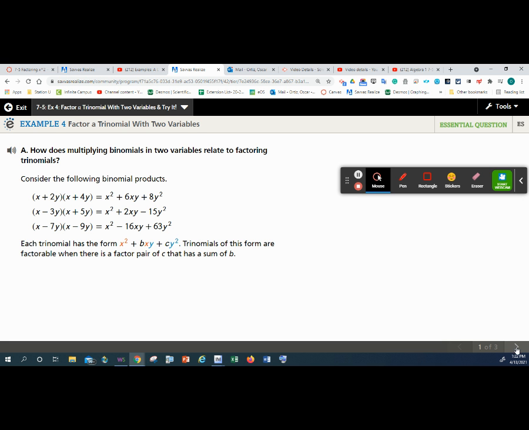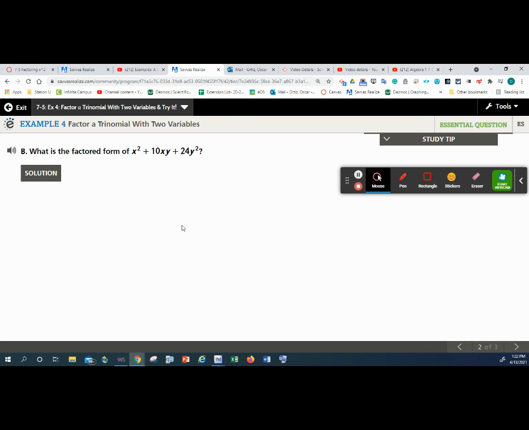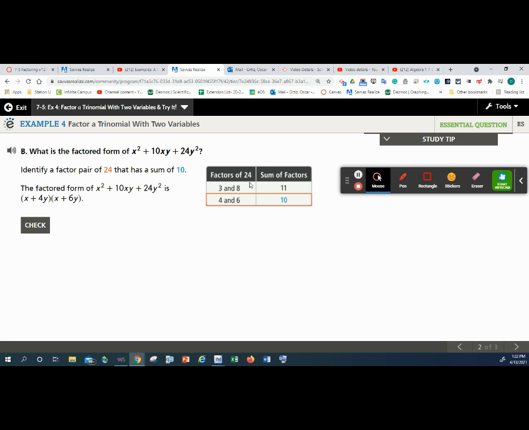So that suggests that we can factor something like this by looking for two numbers whose product is 24 and whose sum is 10. We will just make sure at the end we'll put the y in both factors. So we solve as if we had no y squared, and we will add the y at the end.